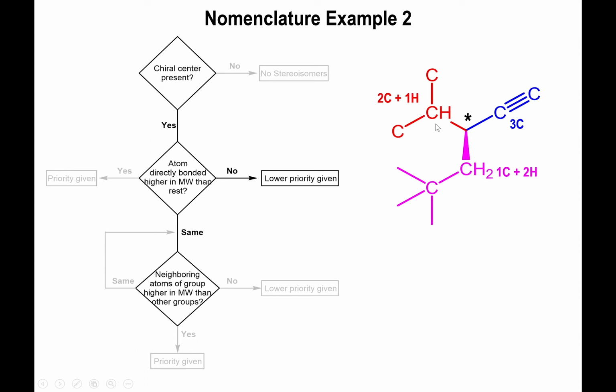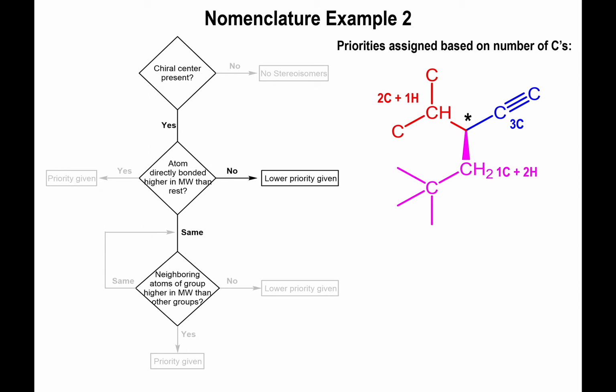In the case of the red group, we have two carbons bound to the same carbon. Over here, we only have one carbon bound to the carbon in question. And over here, we have three carbons bound to this center. So that tells us that the alkyne is the highest priority group out of the three. The second priority group is going to be the one with the second most carbons, which is the red group over here, and the pink group is going to be the lower priority.